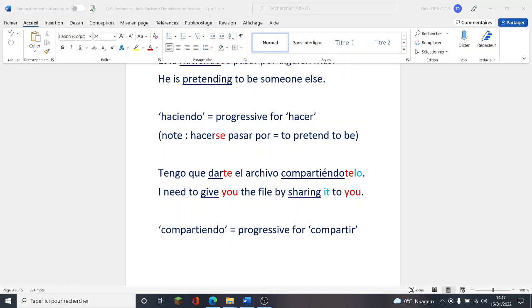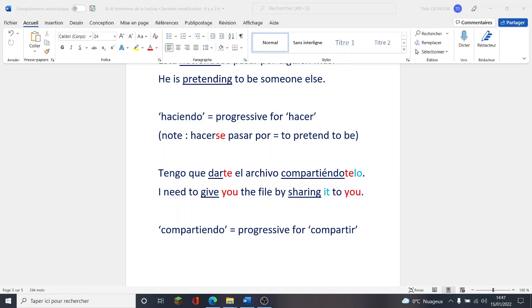First you have compartiendo, which is the progressive form for the verb compartir, which means to share. So it's the sharing. And then you have the two pronouns stuck at the end, te, which means you, and lo, which means it. And as we already saw for the first example of double Enclisis, first you need to put the indirect pronoun you, so te, and then you need to put the direct pronoun, so it.